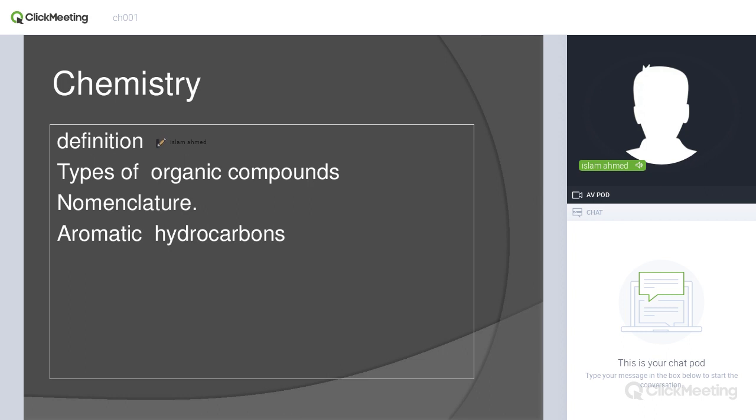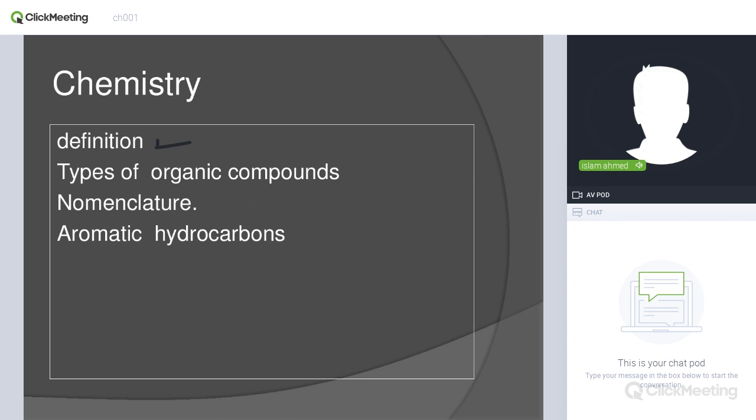First of all, we will go for the definition of the pharmaceutically active compounds. Initially, we will go for the definition. It is the study of compounds containing nitrogen, oxygen, carbon, and hydrogen, which is considered to be the essential atoms in the organic compounds.